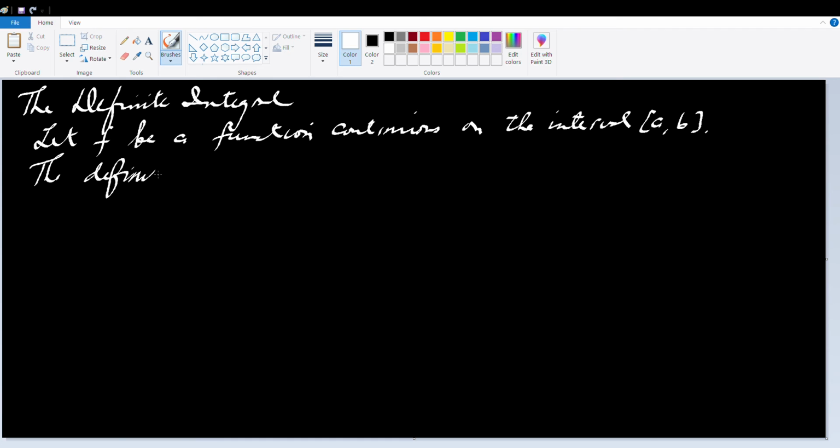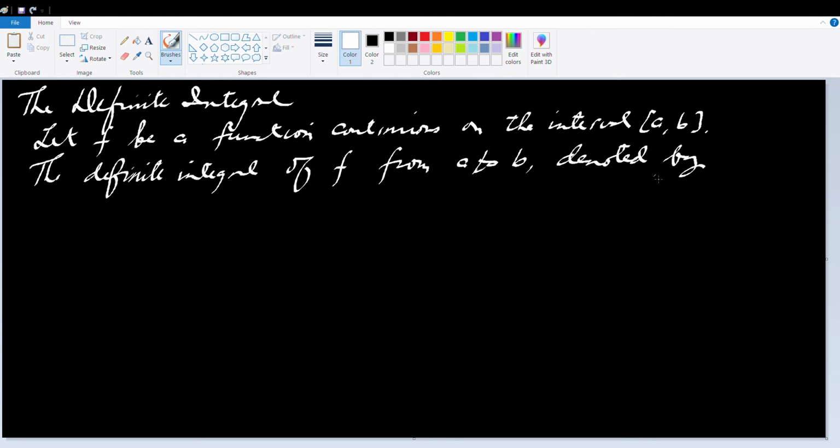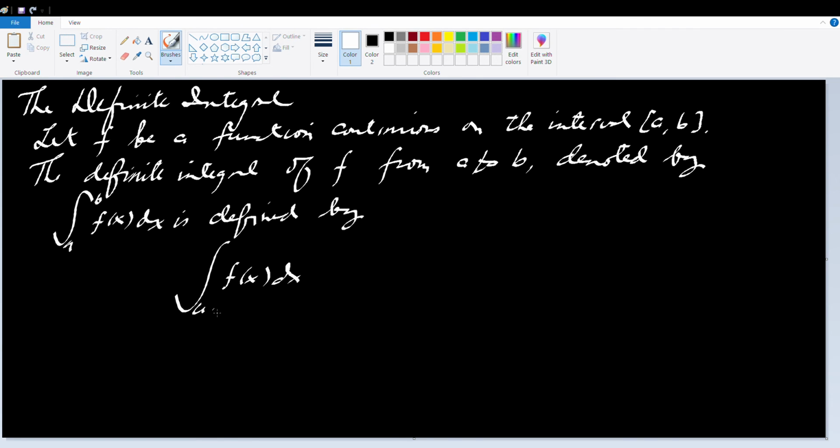The definite integral of f from a to b, denoted by the long elongated S, f(x) dx from a to b, is defined as the limit of the Riemann sum, or the sum of f of c sub i delta sub i x, i from 1 to n, as the norm of the partition approaches 0.